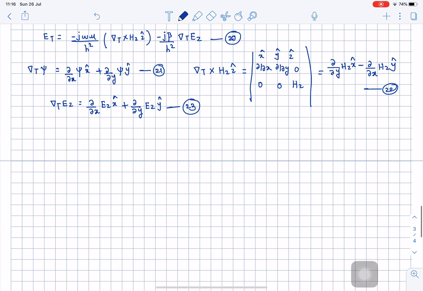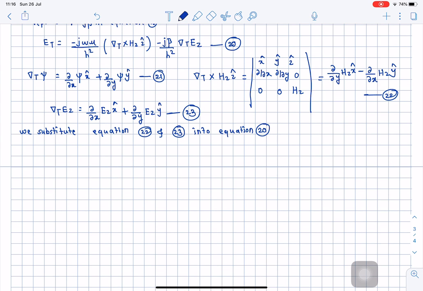The term del of t into Hz z cap we take from equation 22, and del of t multiplied by Ez we take from equation number 23.